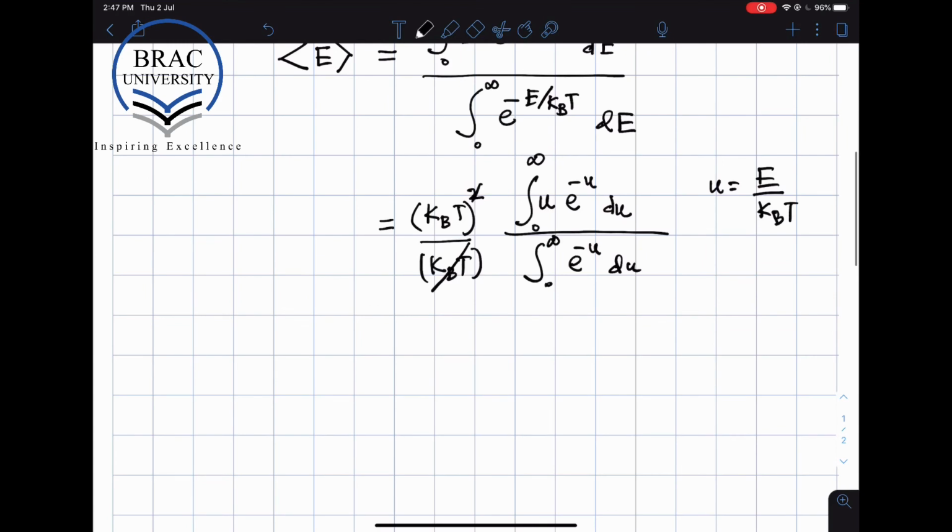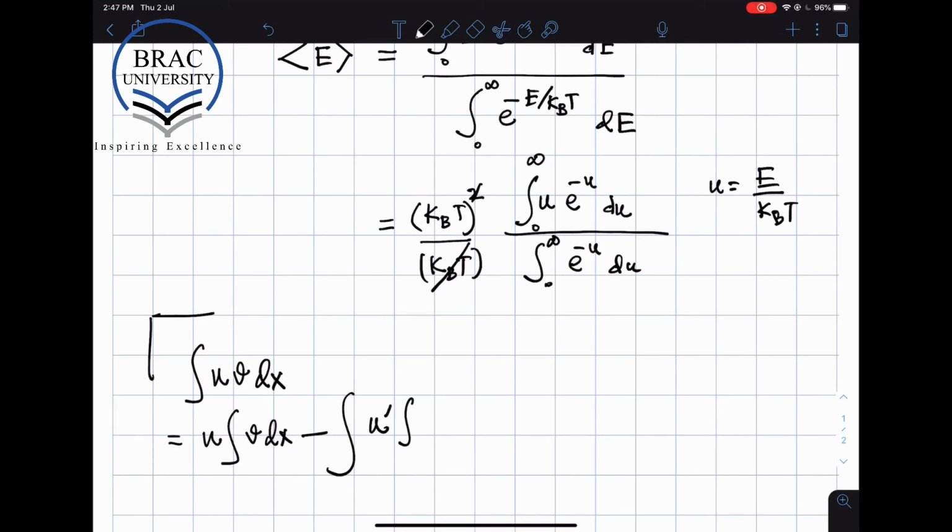Now one should use integration by parts for the numerator, and let me remind you what that formula is. If you have some function of x, which is u, and another function of x, which is v, then the integral is given by the integration by parts formula: u times the integral of v, minus the integral of the derivative of u times the indefinite integral of v.